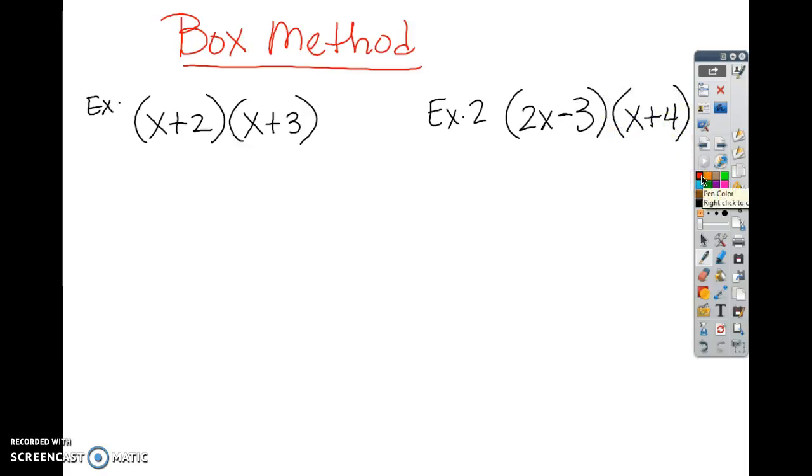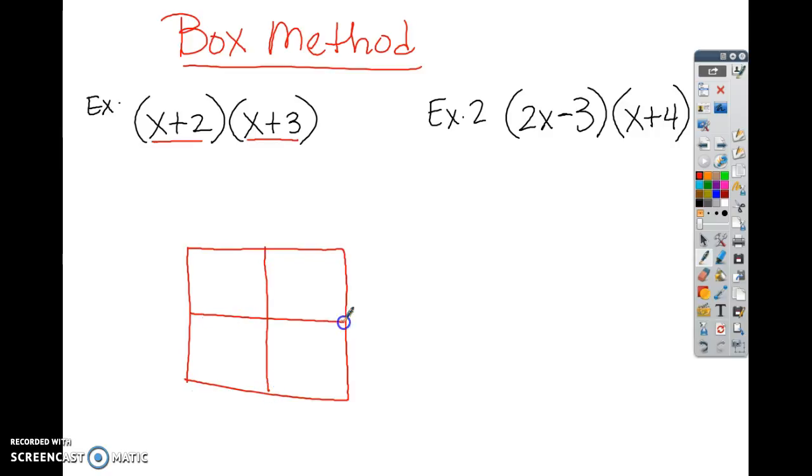So what is box method? Box method is you making a box to multiply these things in. You have to count how many terms you have in each one. So the first polynomial has 2 terms. That's a binomial, 2 terms. The second one also has 2 terms. So the box that you make has to have 2 sides by 2 sides.